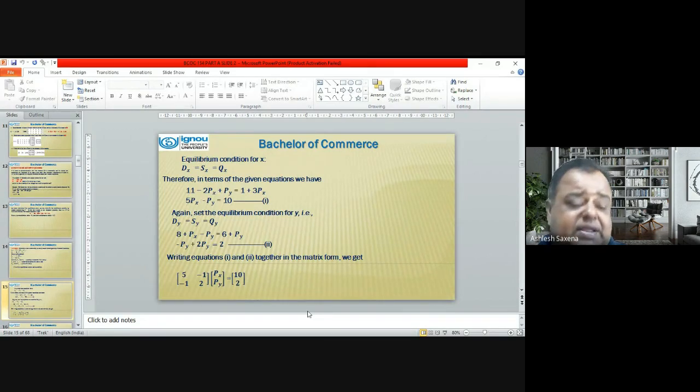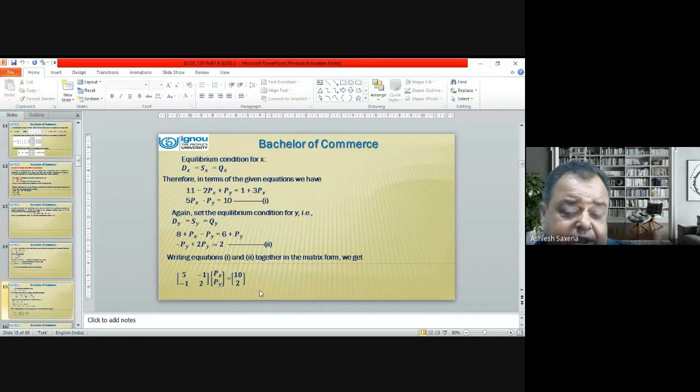Now here you can see that there are two matrices being multiplied together, and it is equal to a matrix. When we multiply these two matrices, this is a 2 by 2 matrix, and this is a 2 by 1 matrix. So your answer will be a 2 by 1 matrix only.